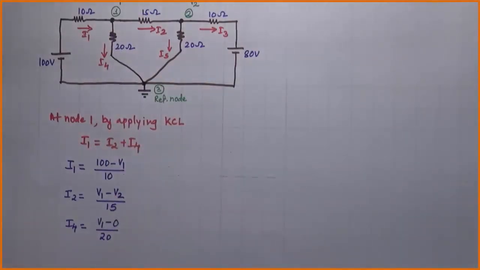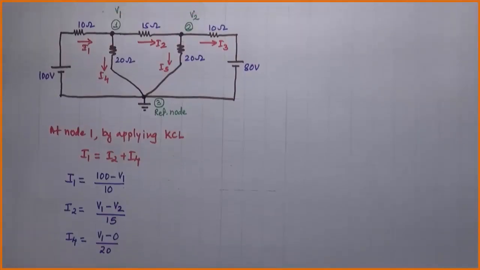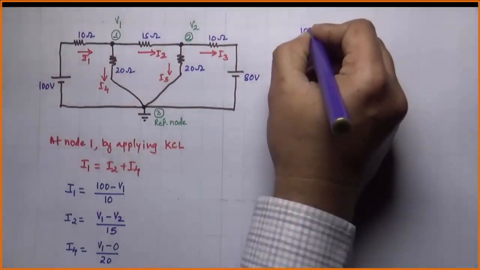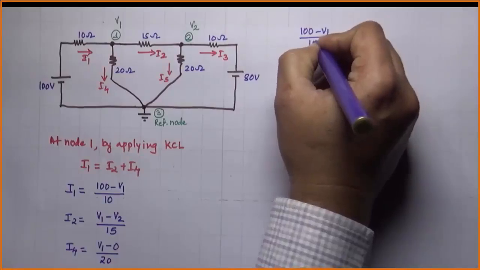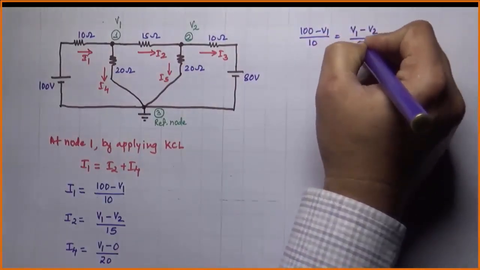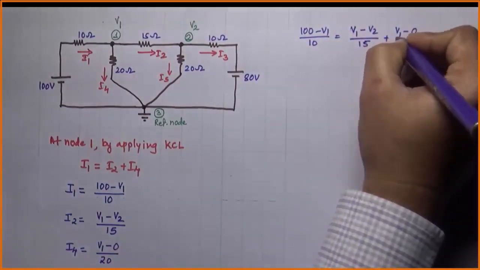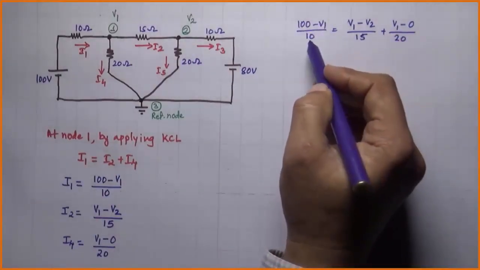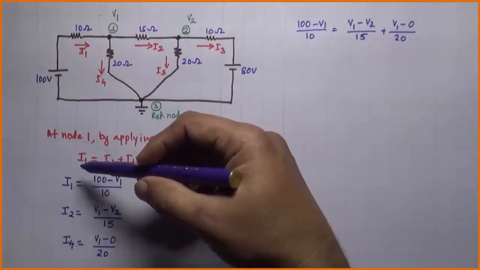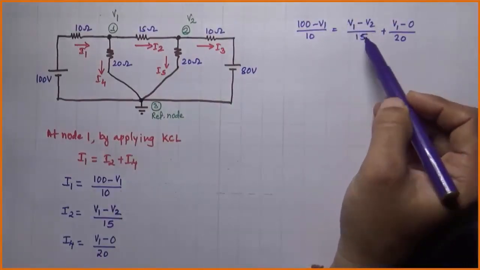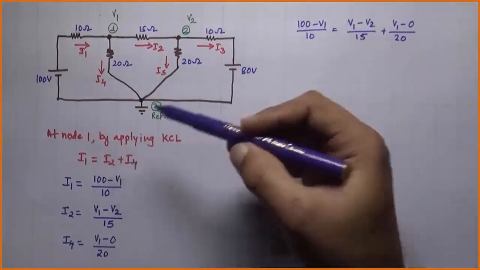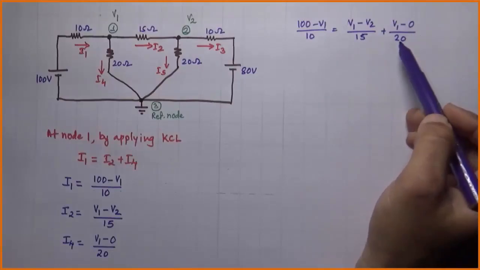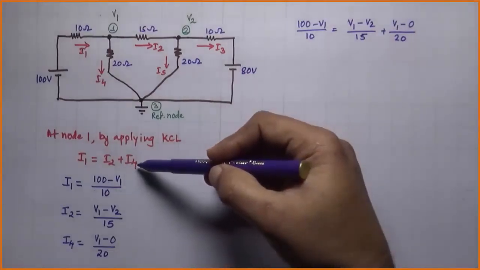Substituting these in above equation, we get 100 minus V1 divided by 10, which is written for I1, V1 minus V2 by 15 written for I2, and V1 minus 0 by 20 written for I4.